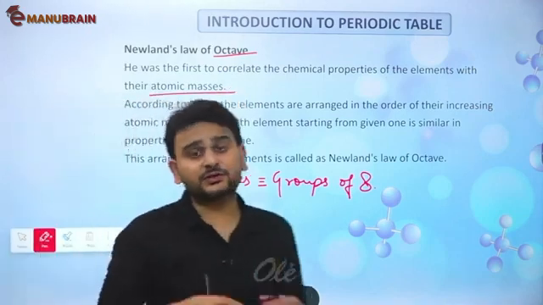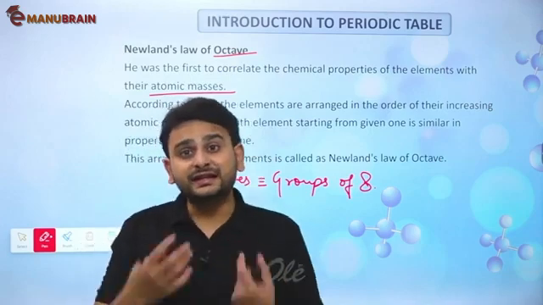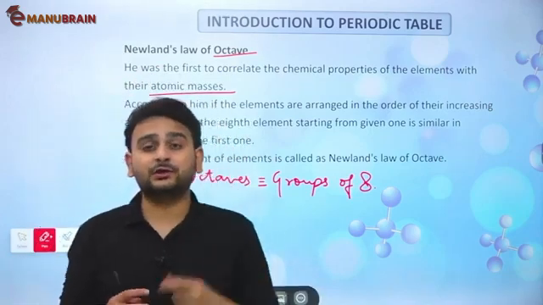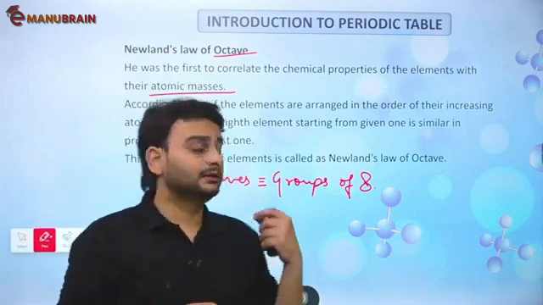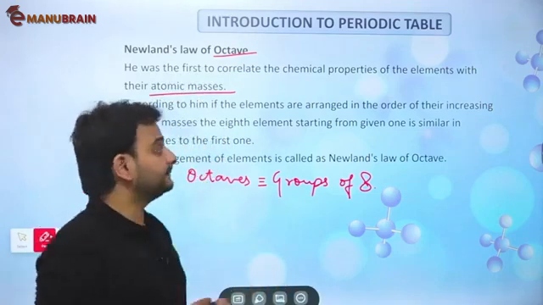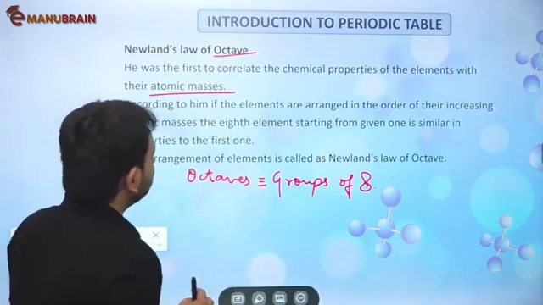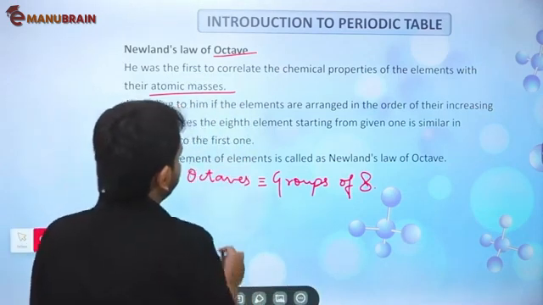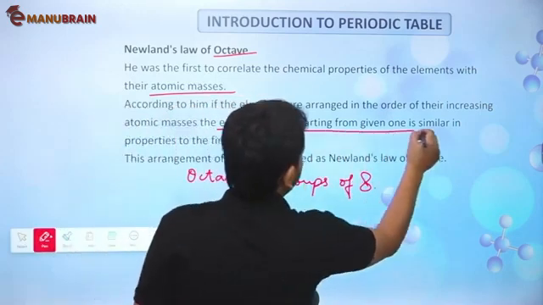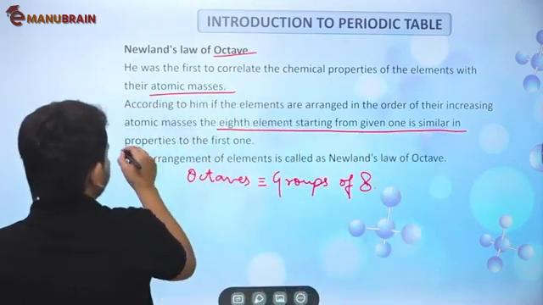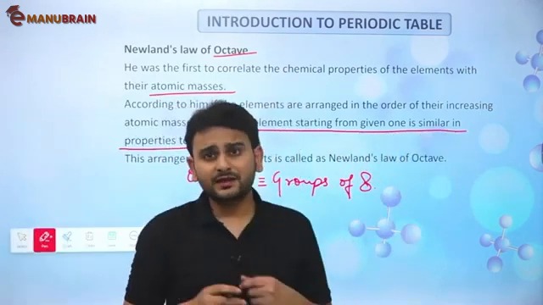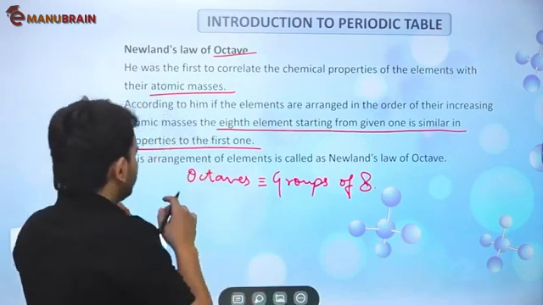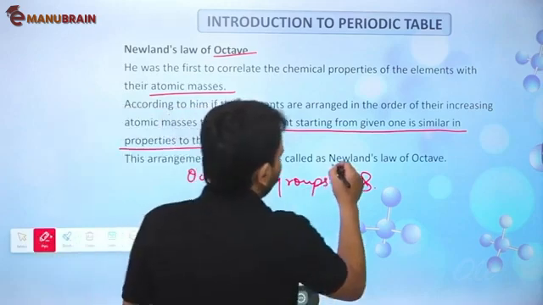So this was the first major leap that Newlands' octave law made in the classification of elements. According to him, if the elements are arranged in increasing order of their atomic masses, the 8th element starting from a given one is similar in properties to the first one. This arrangement is called Newlands' law of octaves.